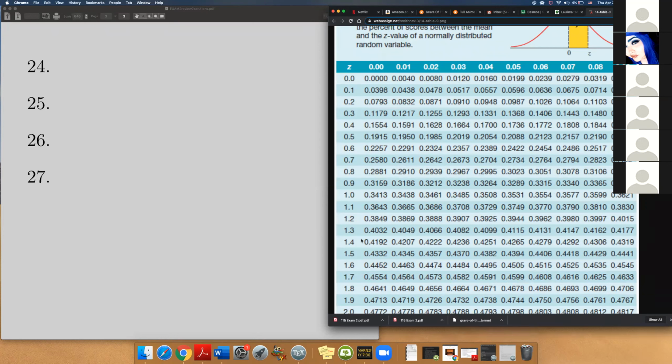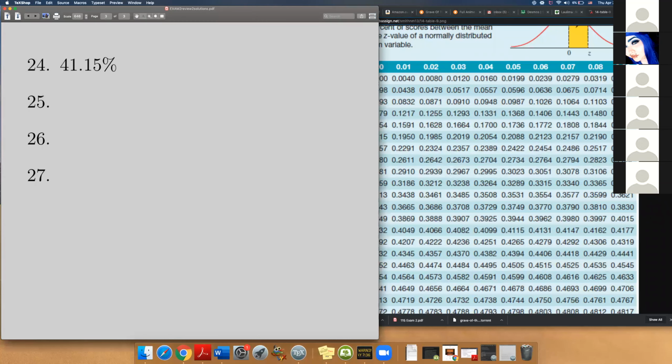So 1.3 here, lining up with 0.05. 1.35 is right here, 4115. And as a decimal, it's 0.4115, but as a percentage, that would be 41.15.